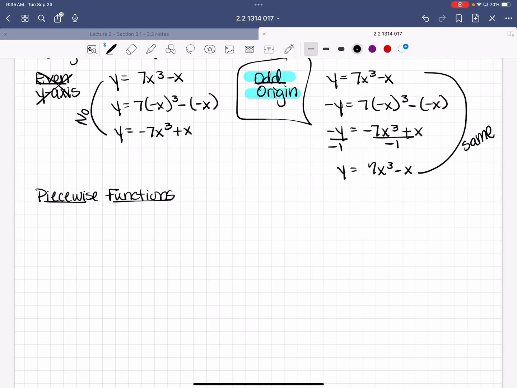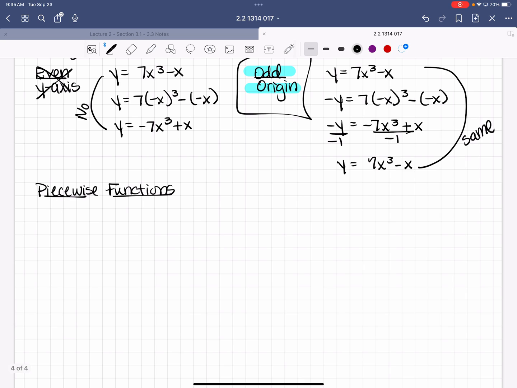A piecewise function, those are graphs that look kind of rigid. They'll have differing straight lines, nothing smooth, and they're defined for certain domains, okay? And the easiest way to do them is just to do them.